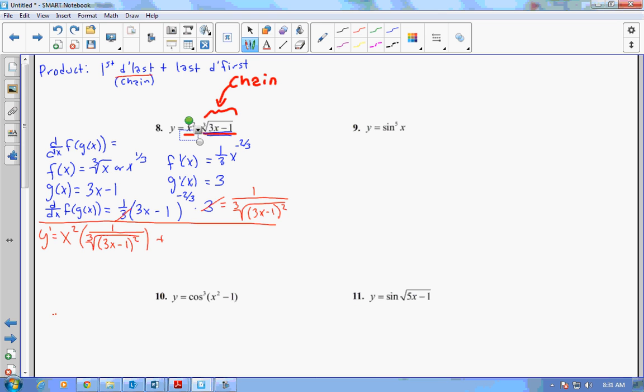Plus, what's last? D first, the derivative of x squared is just 2x. Okay, and you could stop there just to clean it up a little bit.